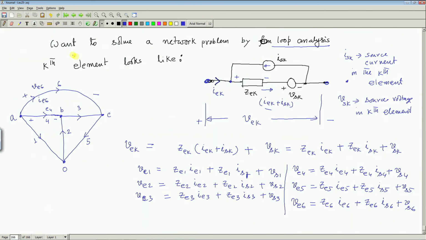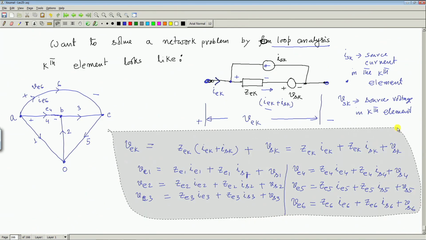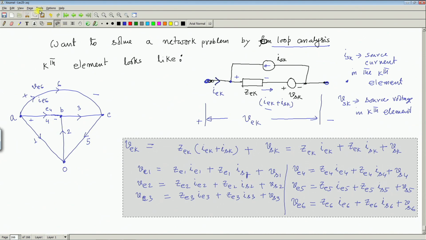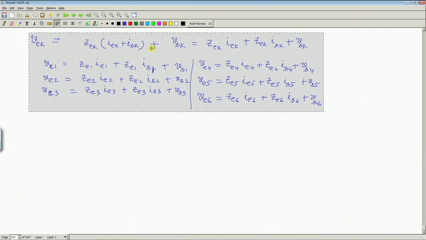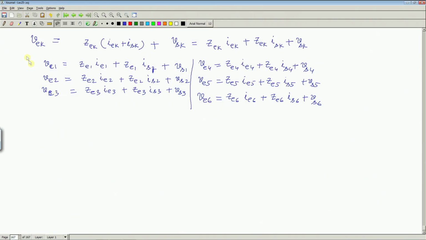So, all these 6 equations can be written in matrix form as these 6 equations V1, V2, V3, V4, V5, V6.